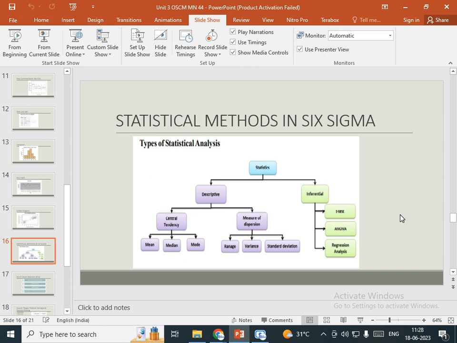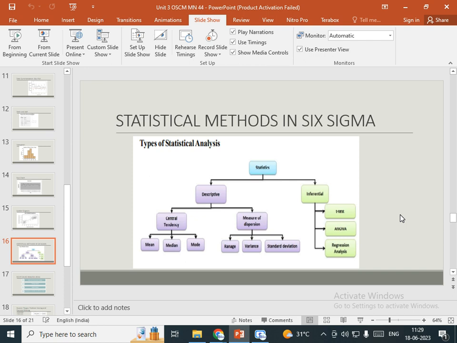Statistics comprise the principles and procedures for aggregating, analyzing, understanding, and portraying data in an expressive manner. Statistics assist us to comprehend the behavior of data, detect improvement perspectives, and forecast future process performance.